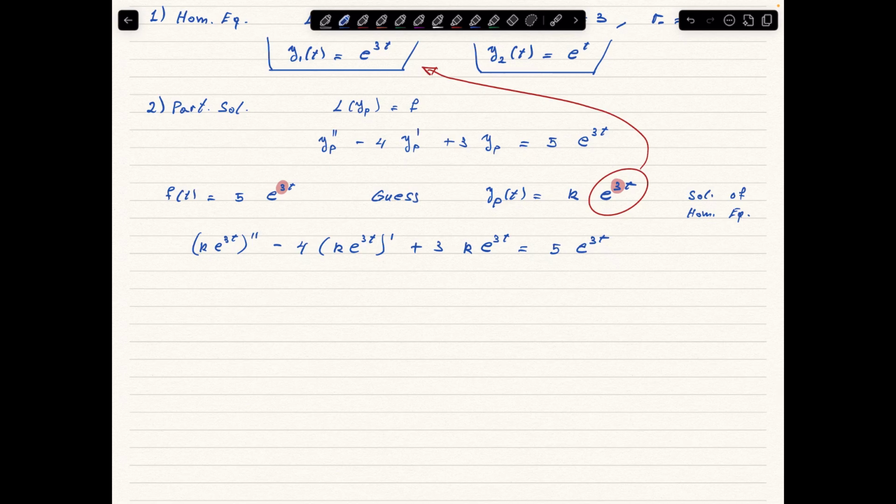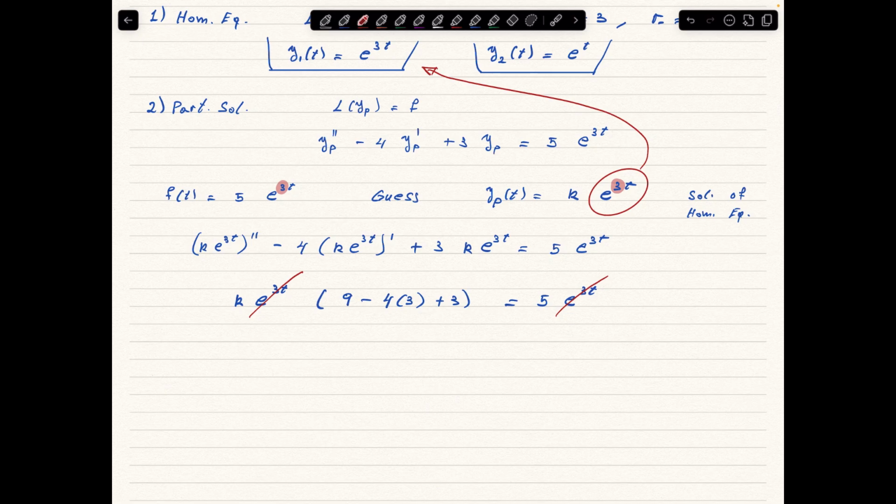We compute the derivatives, so we get k exponential 3t times 3 squared, which is 9, minus 4 times 3 plus 3, all that equal to 5 exponential 3t, and because we chose that exponential, that is going to cancel, which is what we wanted.